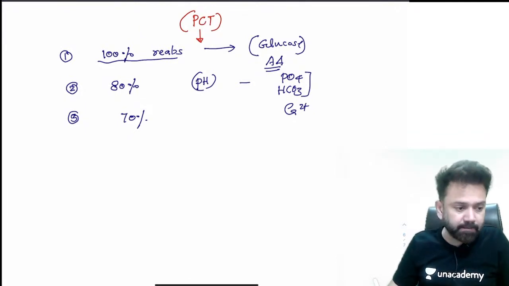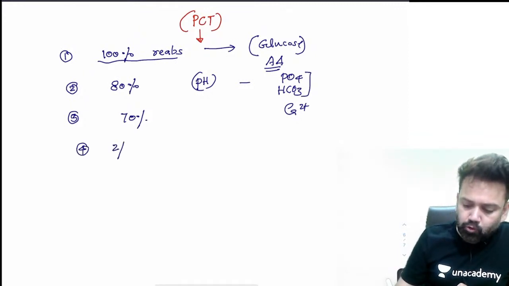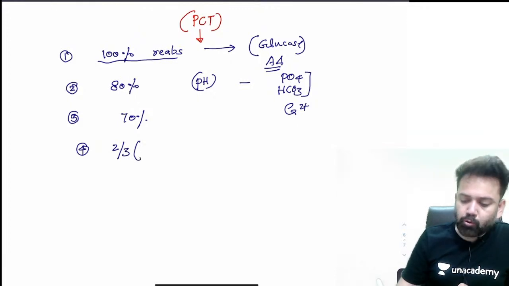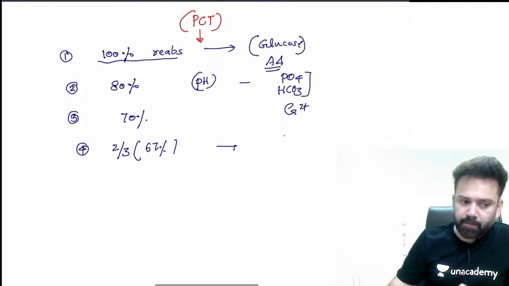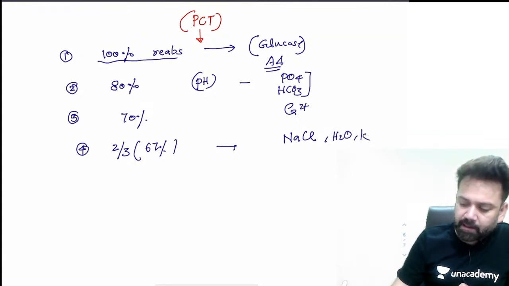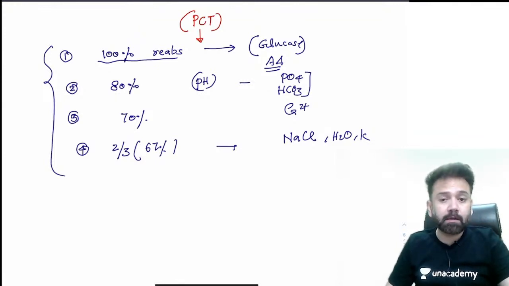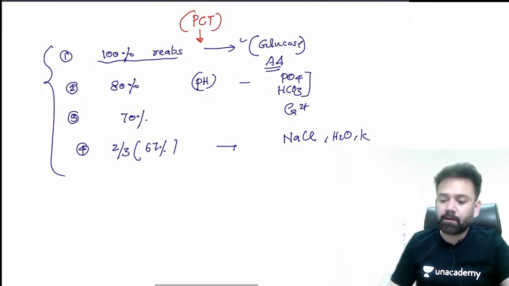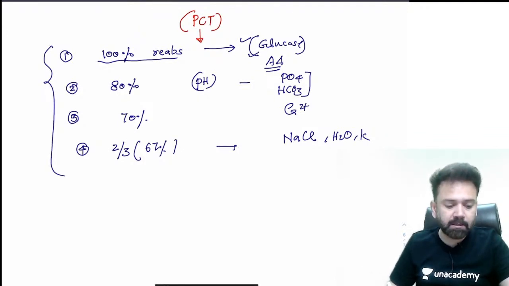And the fourth is 2/3, it means 67% absorption of sodium chloride, then water, then potassium, a lot of things. So these are the percentages. You should remember that nothing of the glucose and amino acids passes beyond the PCT. Almost 100% is reabsorbed.